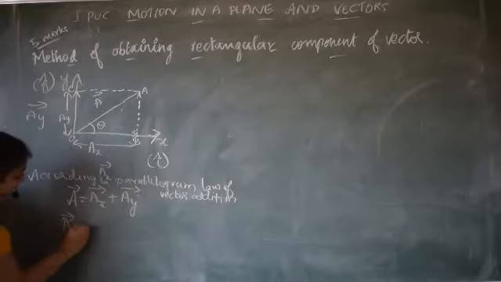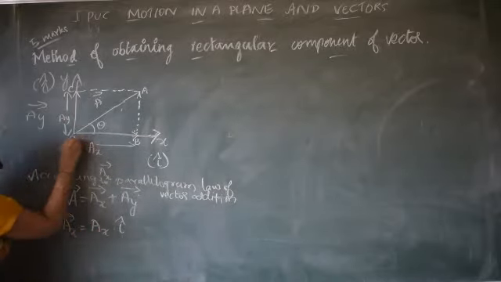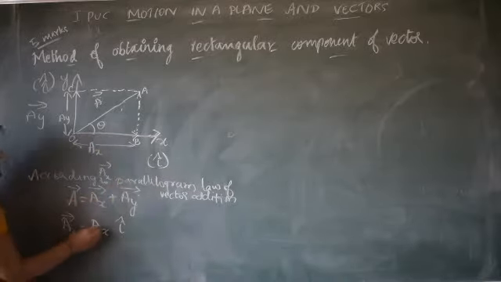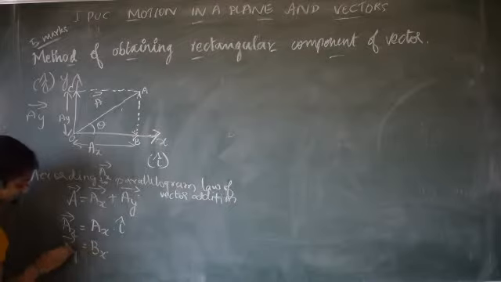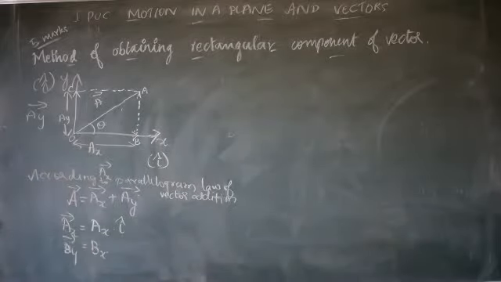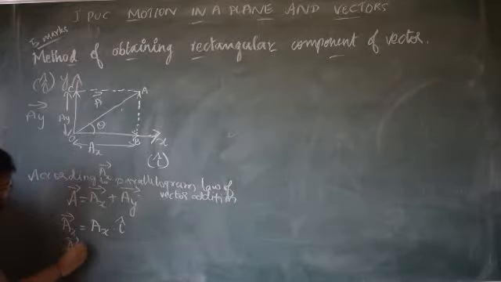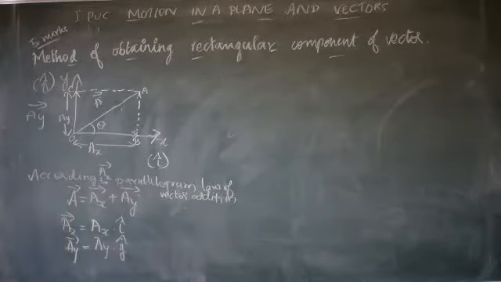So can I write Ax vector is equal to Ax into i cap. This magnitude length is Ax, correct? Unit vector is i cap. So I can write Ax into i cap, and Ay vector is equal to Ay into j cap. Correct. Next step, what can I go for?